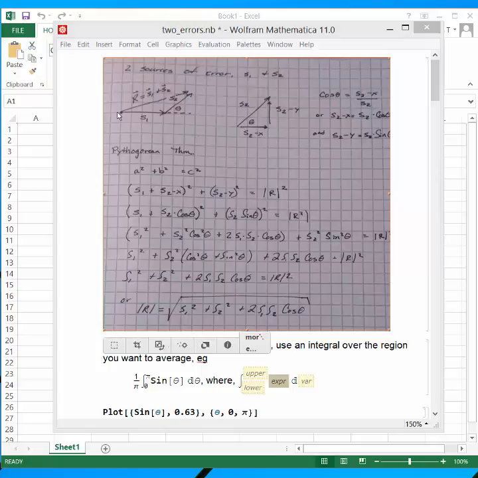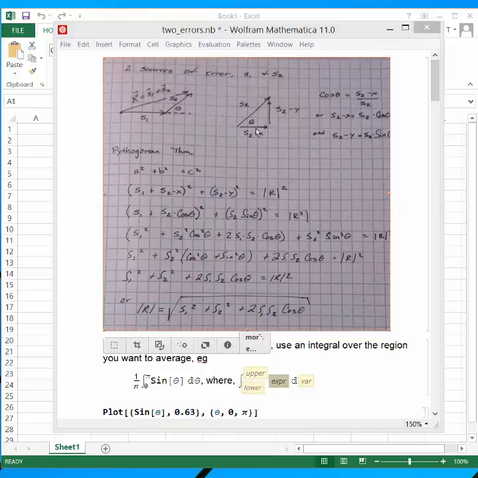One way of thinking about that is a vector sum: find the magnitude of this vector. Here's S2. S2 is made out of an x piece and a y piece. With a little trigonometry, you can say that S2 in the x is S2 cosine theta, and S2 in the y is S2 sine theta.